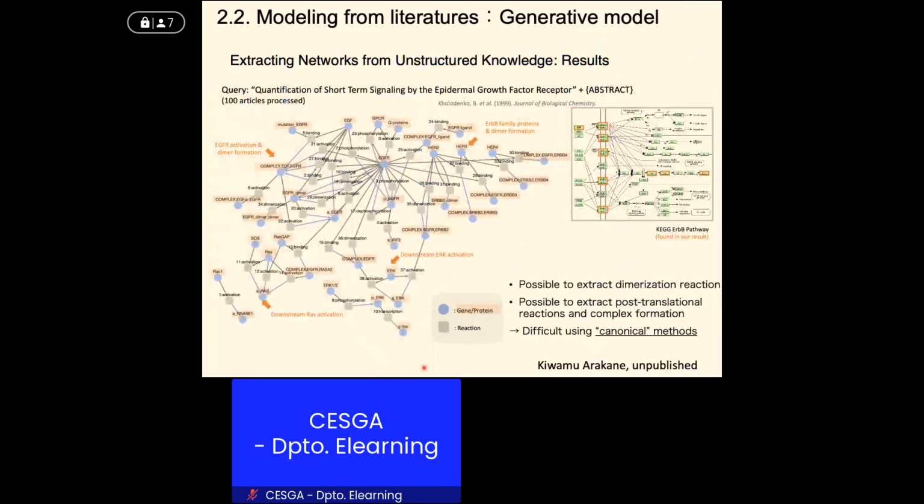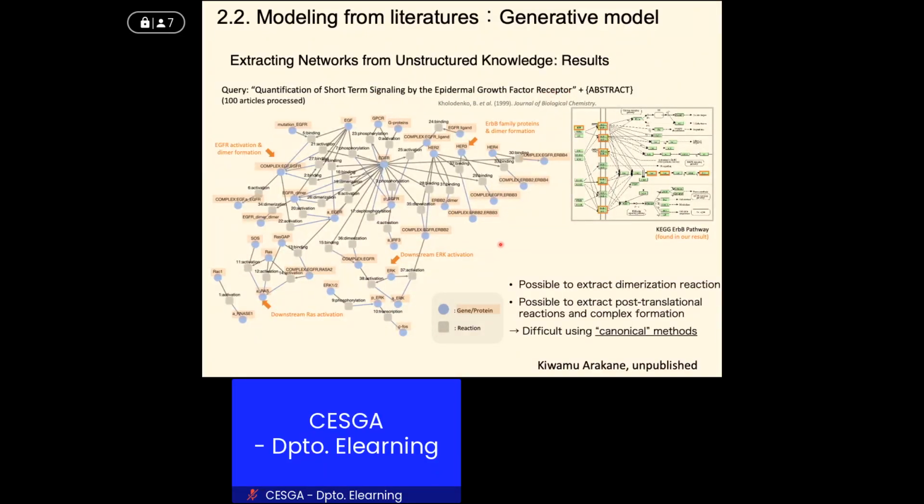And this is also the initial trial, which is very complicated, but we asked GPT, in our case, with a query like the title of Boris Kholodenko's paper and the abstract of his paper.